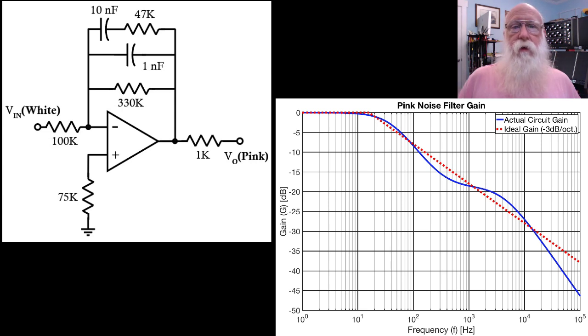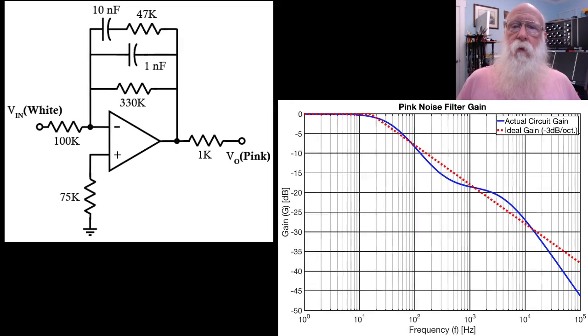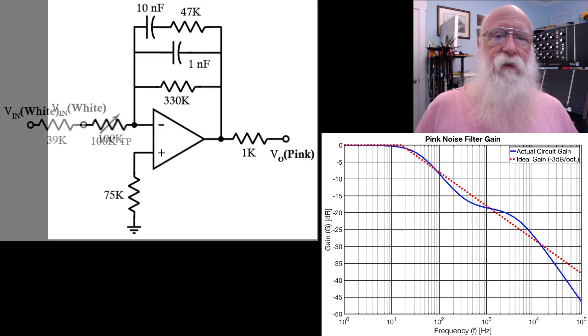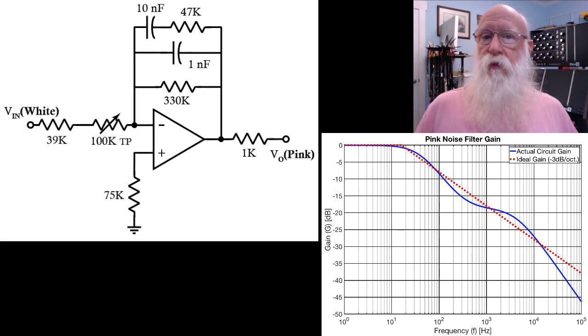Now, if we wanted to have a little bit better control over the final amplitude, we probably want to put a fixed resistor in series with a trimmer potentiometer in the input, and the values here aren't terribly critical.